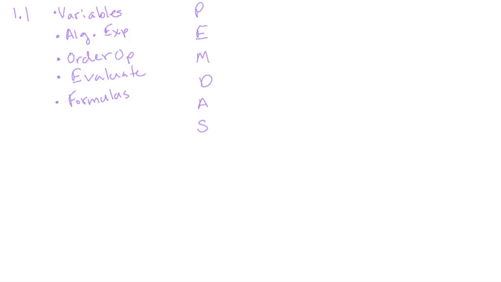For example, if you had 3 plus (2 plus 2), you should deal with what's inside the parentheses first. So you would add 2 plus 2 together, and you'd have 3 plus 4, which gives you 7.